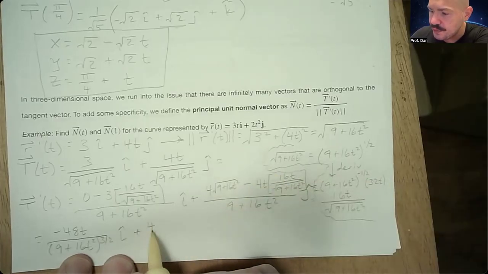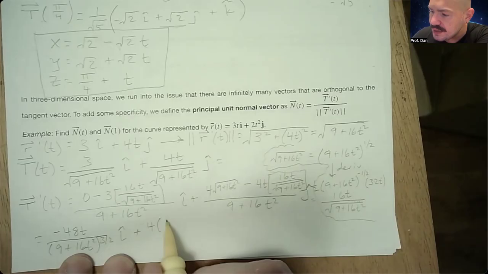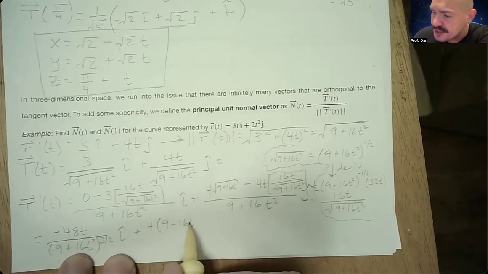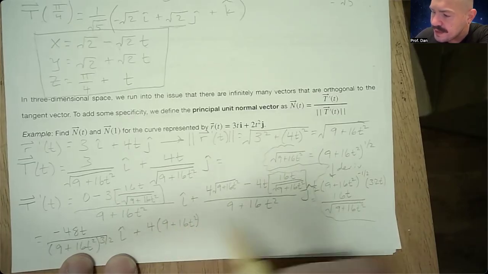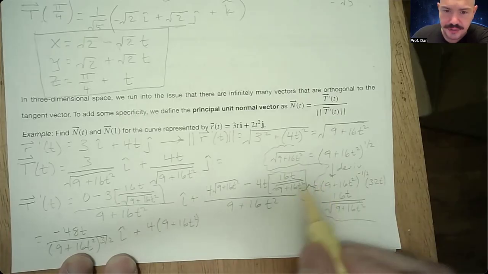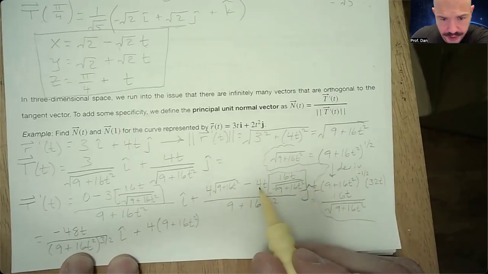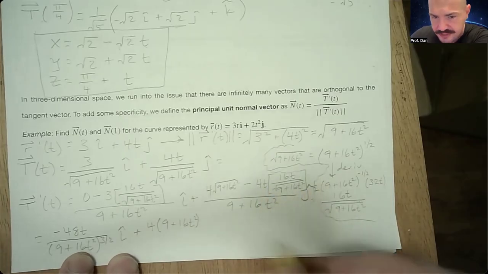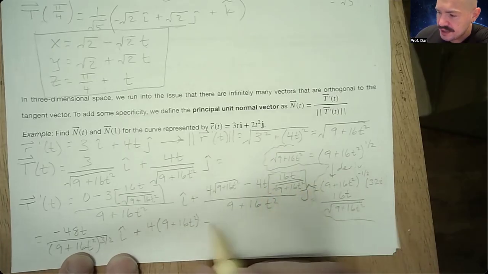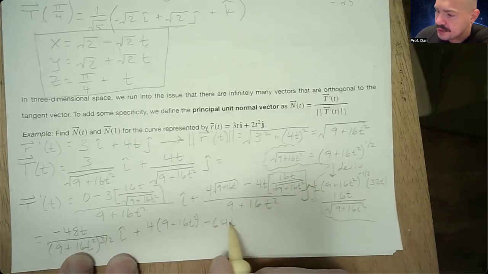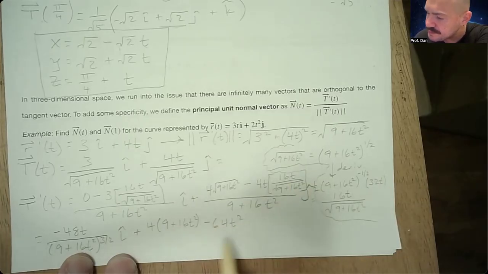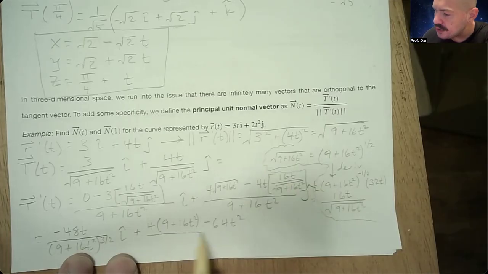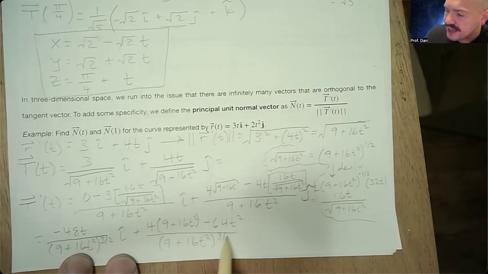Turns into just 4 times 9 plus 16t squared. Then over here for this term, when I multiply by that root, the fraction goes away and I'm left with 4t times 16t. So minus 4 times 16 is 64t squared. And this is all over 9 plus 16t squared, all to the 3 halves.